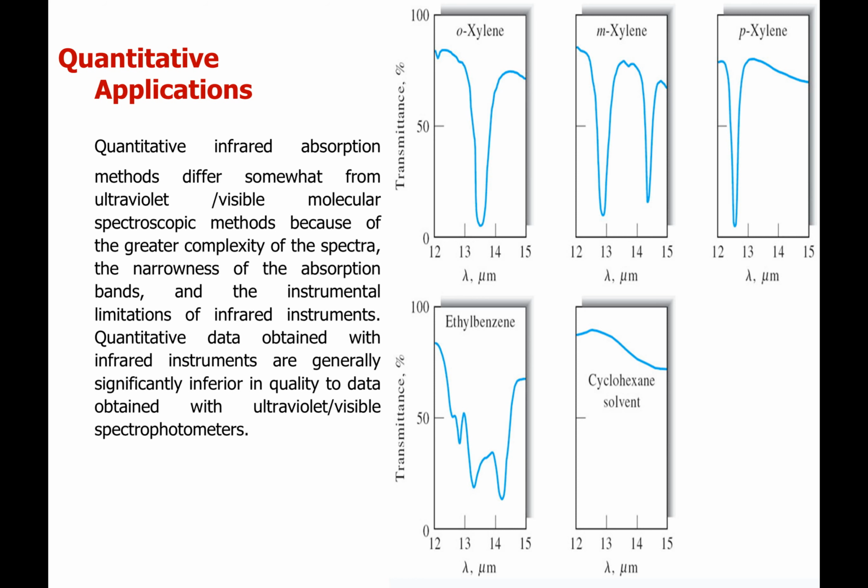So IR finds fewer quantitative applications compared to UV-visible, because of the narrowness of the absorption bands and their complexity, so it's very difficult.